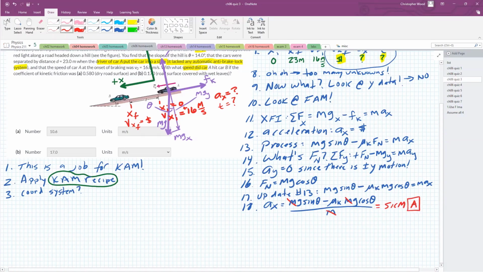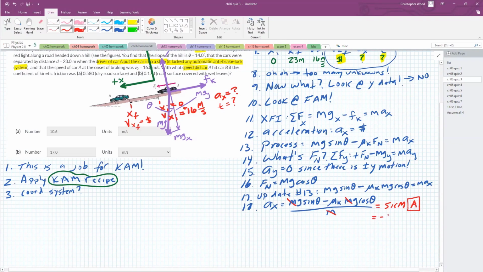Let's get a number on that, and then it's back to kinematics. 9.8 times sine of 14 minus mu sub k, which is 0.58, it's a dry road, times 9.8 times cosine of 14. I get a negative number. That's very interesting.